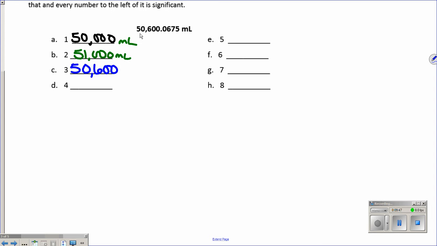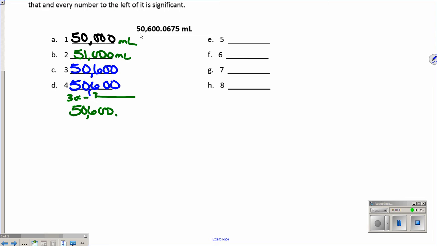To 4 significant digits, we have 50,600. Now listen, that does not have 4 significant digits. With the decimal absent, we start counting at the 6, and that has 3 significant digits. So let's try plunking a decimal place on that. 50,600 decimal.